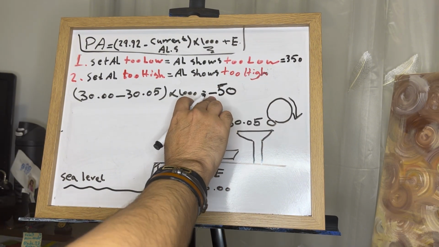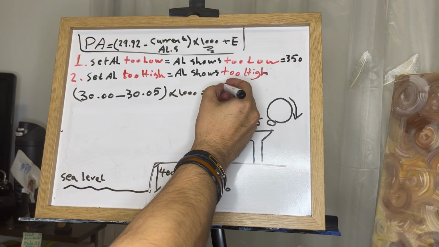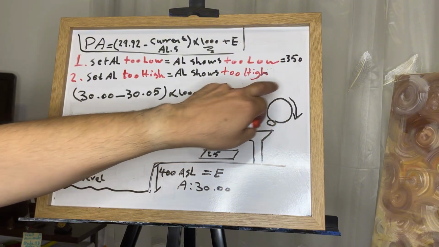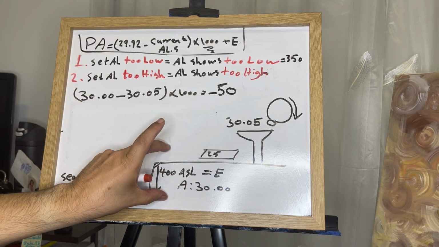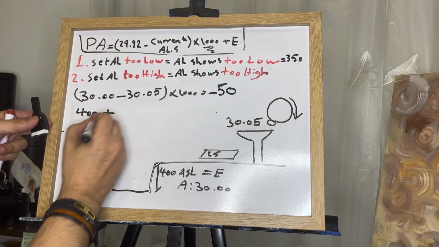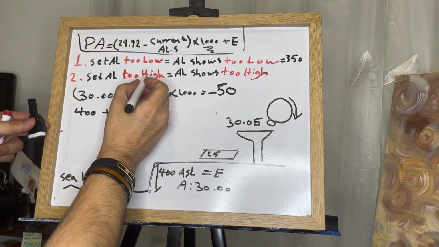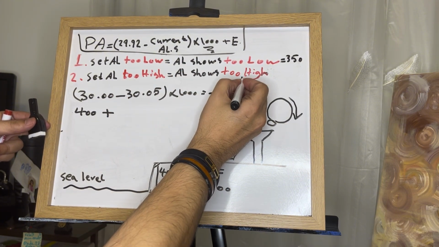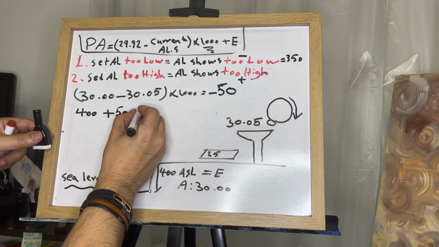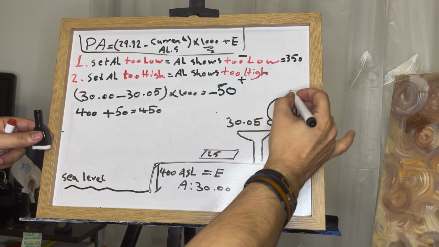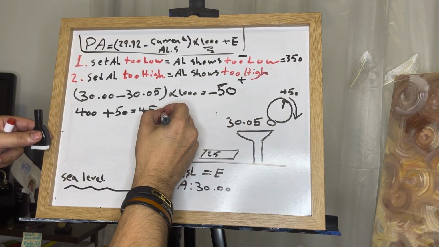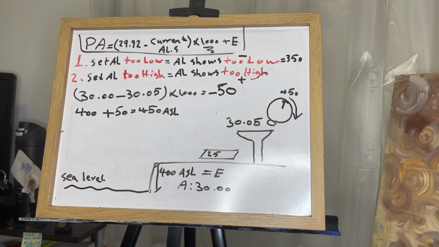I will talk about the minus. So you set the altimeter too high by how much? 50 feet, from the elevation. Elevation is 400 feet plus 50, because you set it too high, so the altimeter shows 450 feet above sea level.